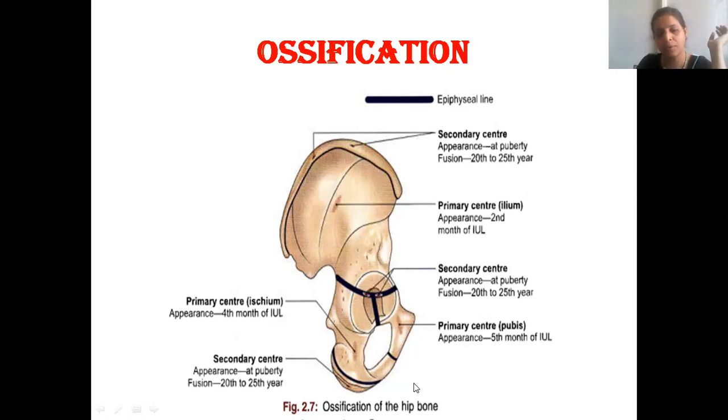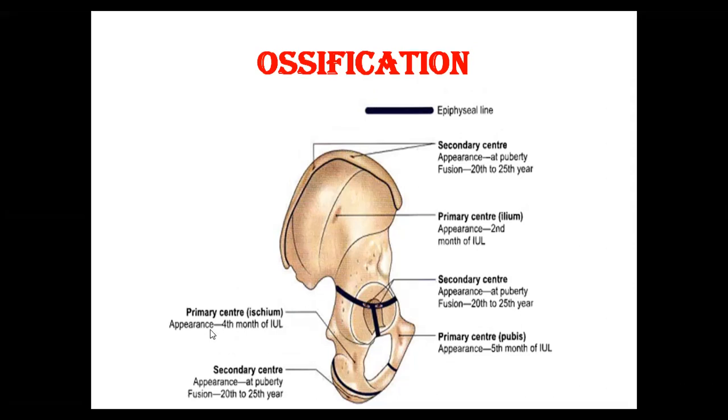Okay, then coming to the pubis bone, the primary ossification center for pubis appears during 5th month of intrauterine life. It fuses with the rest of the bone by 20 to 25th year. That means the secondary center appears at puberty. And about ischium, the primary center appears during 4th month of intrauterine life, and the secondary center appears at puberty, and fusion is again in 20 to 25th year.